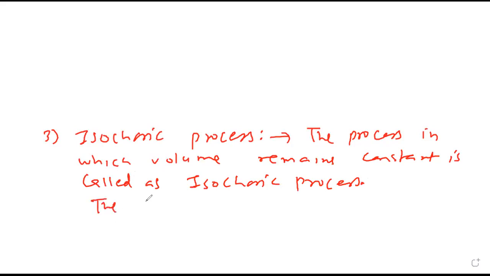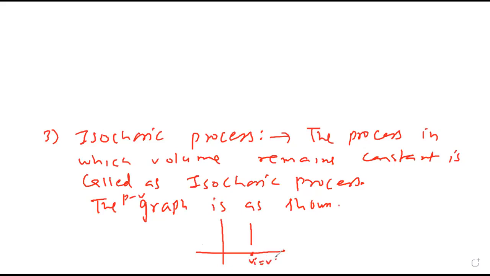The PV graph is as shown. V initial is the same as V final. Pressure is changing from initial to final.